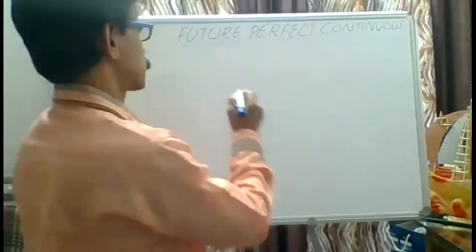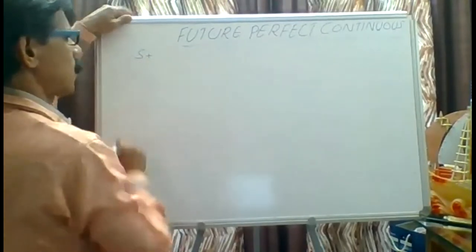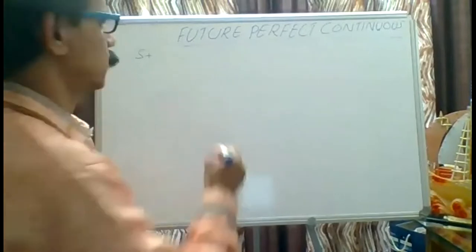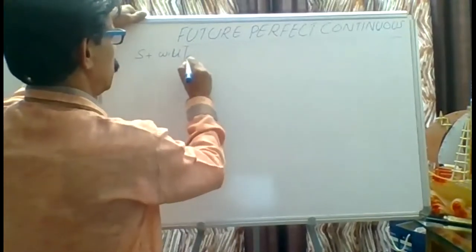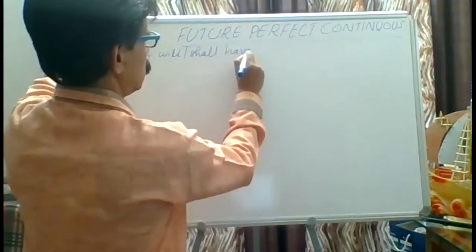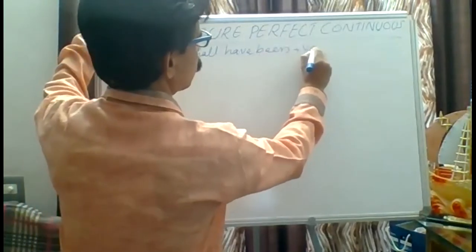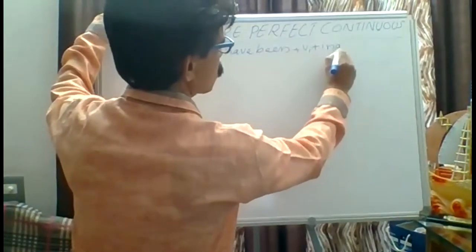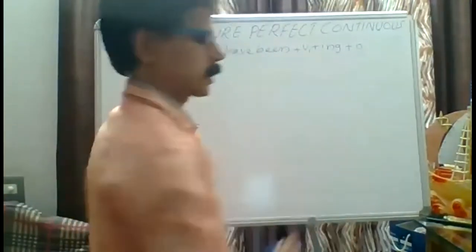Let us find the structure of future perfect continuous. It is sometimes the longest structure. Subject, then will and shall, which are the common parts of future, after will and shall, have been, plus V1 plus ing plus object is the future perfect continuous structure.